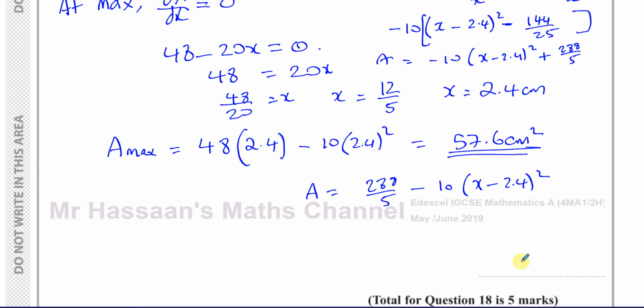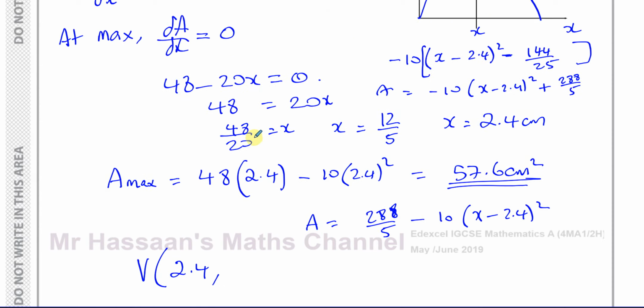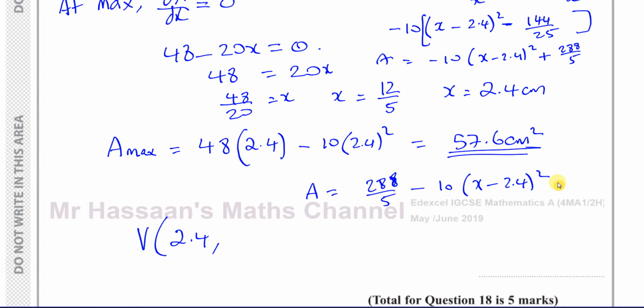Now once I've completed the square, I can see that we get the vertex. The vertex is the number inside the bracket that makes the bracket 0. So the x coordinate of the vertex is 2.4, and the y coordinate of the vertex is whatever's left outside the bracket, which is 288 over 5, which is basically the same as 57.6.